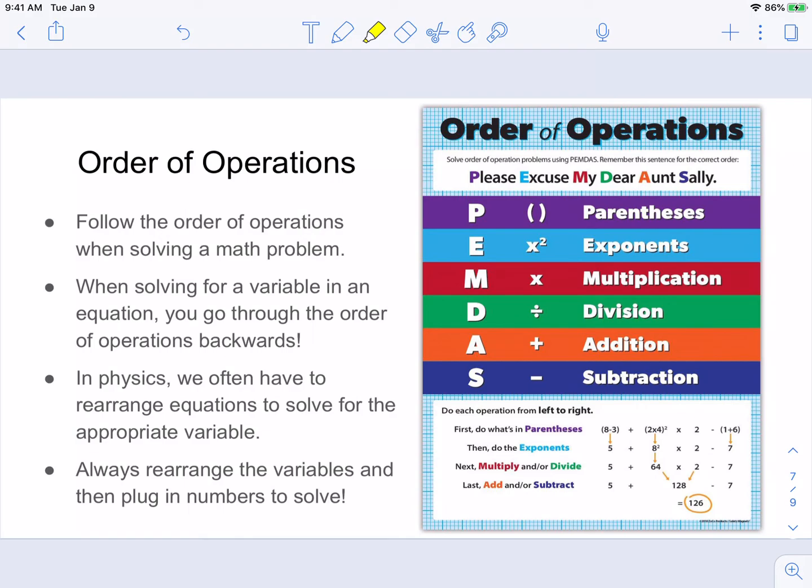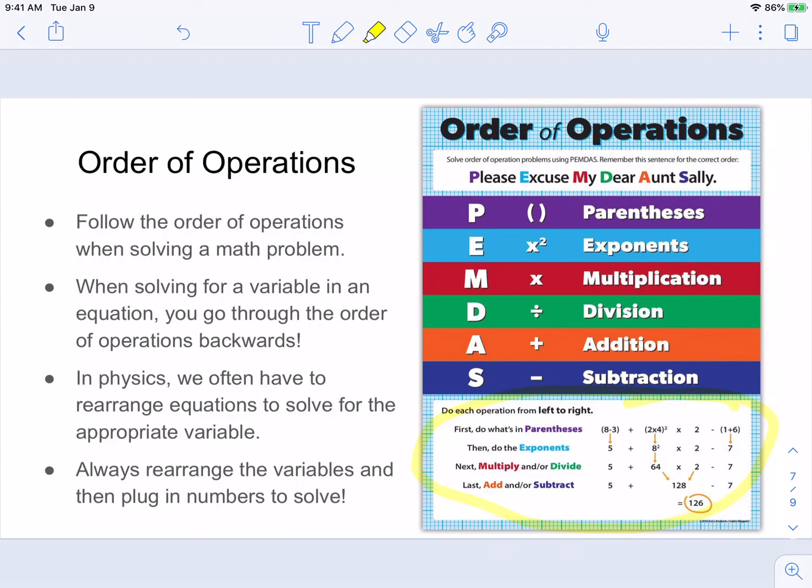But the order we go is we do parentheses, what's in the parentheses first. Then we do exponents, multiplication, division, addition, and subtraction. And there's a little example at the bottom of the screen there of how this might play out in a problem. If you were given a problem, it has 8 minus 3 plus 2 times 4 raised to the second power times 2 minus 1 plus 6. And it shows you how you would break this down and go through it in the right order.